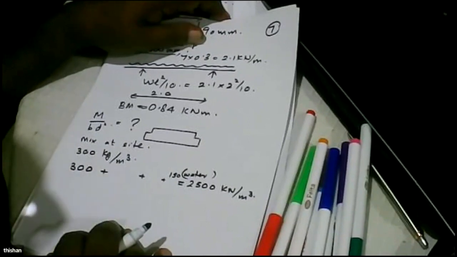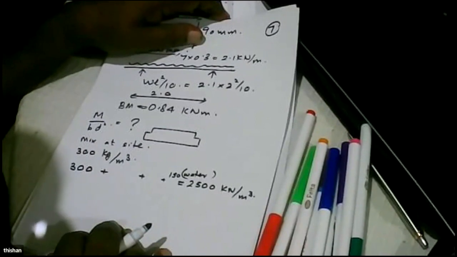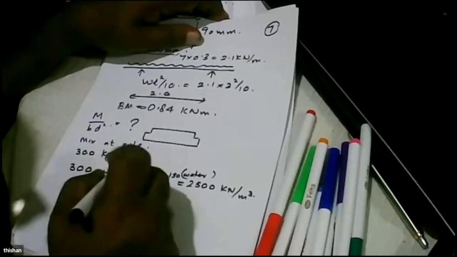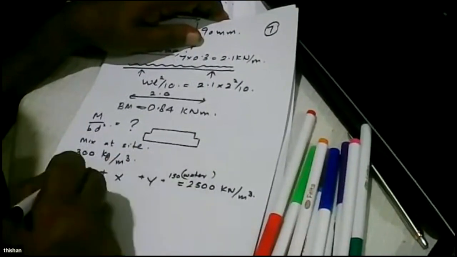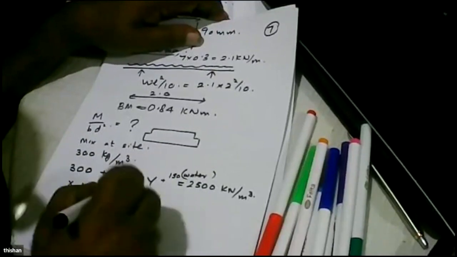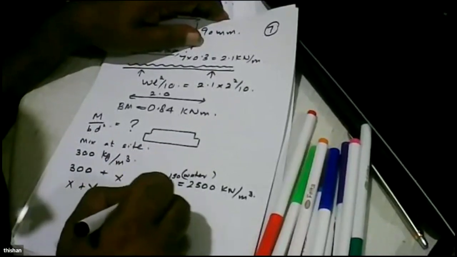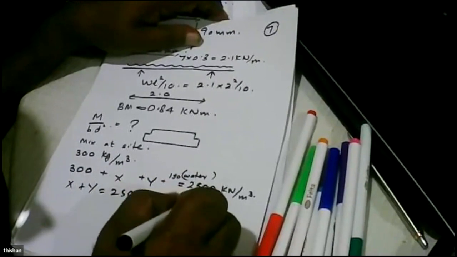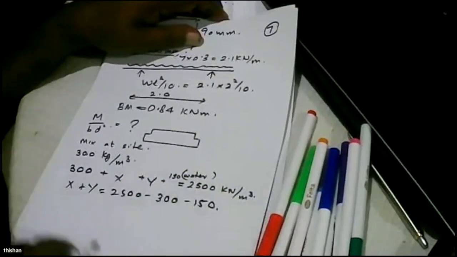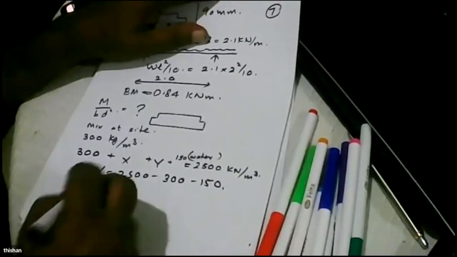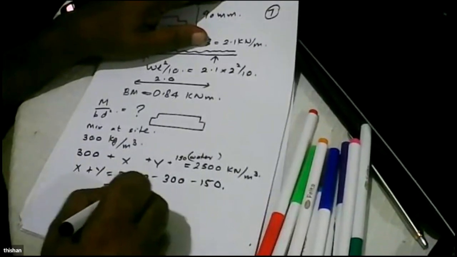So we can go for a water content of about 150. So we get X plus Y as 2500 minus 300 minus 150, so 2050.